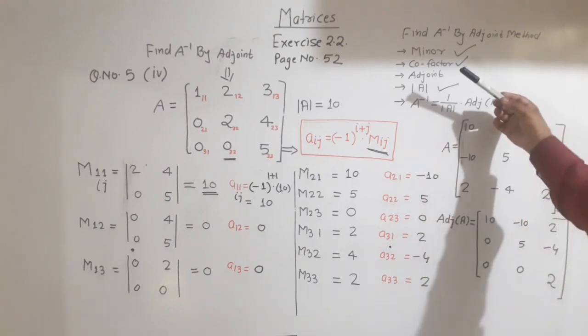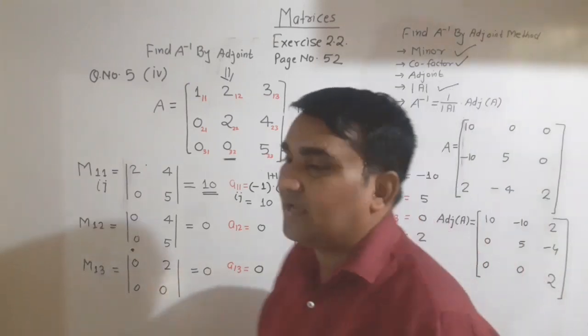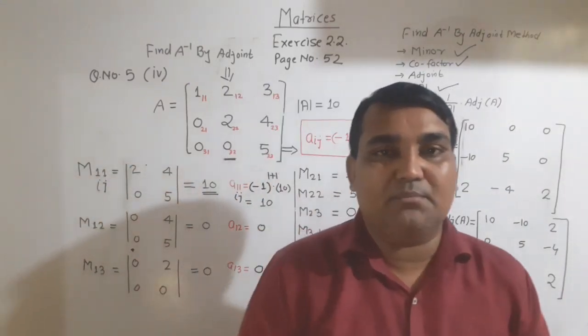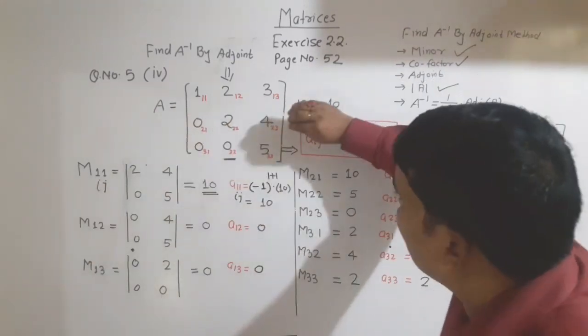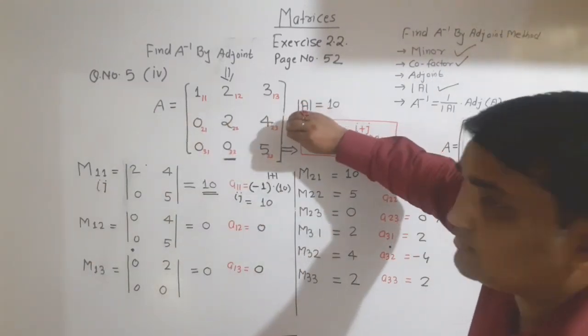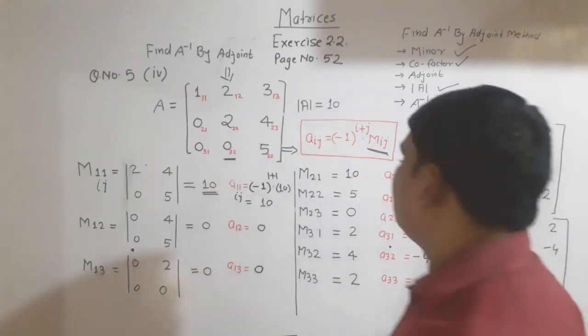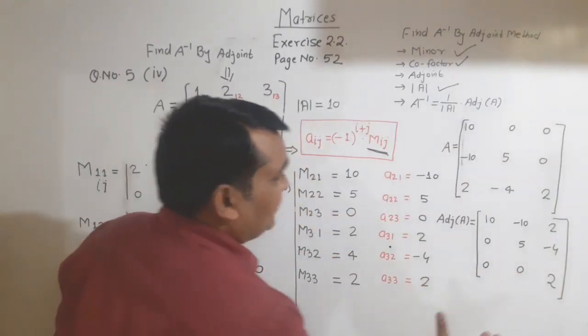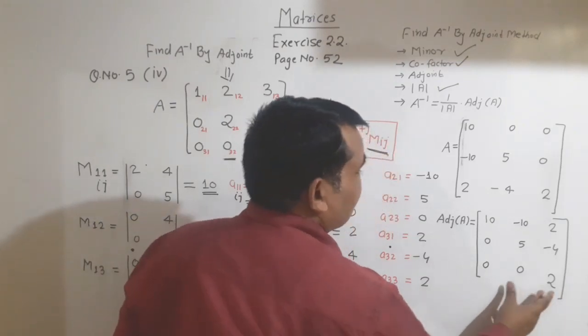Now the next part, to find the determinant of A. Dear, try to understand. To find the determinant of the original matrix, you should not find the determinant of this matrix. In board exams, students find the determinant of this matrix, which is 100% wrong.